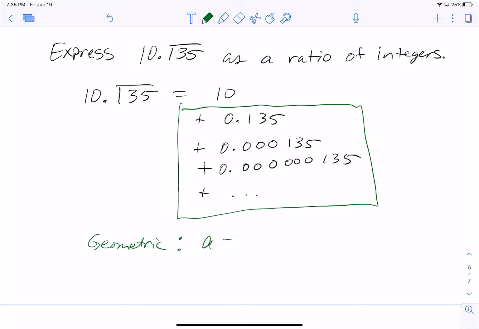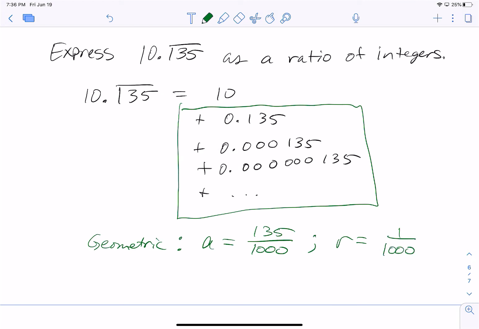The first term a is 135 thousandths, and so I'm actually going to write that as a fraction, 135 over 1,000. And the ratio r is, well, let's see, 135 thousandths, and then 0.000135, 0.000000135. Folks, this has a common ratio of 1,000th.